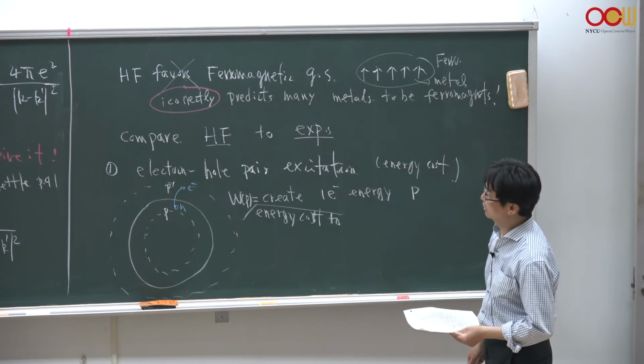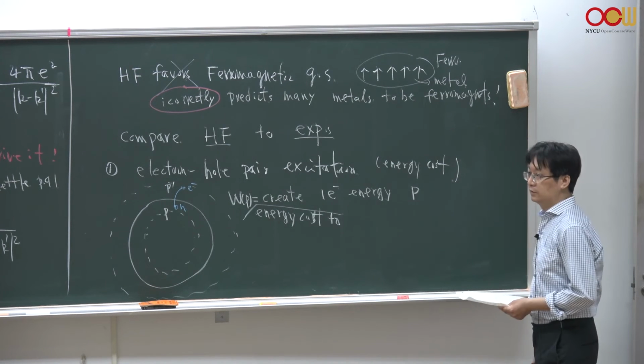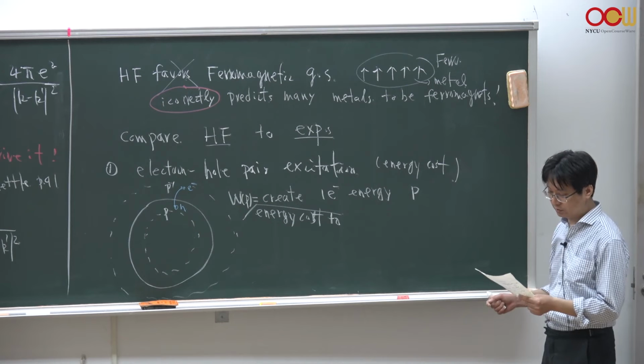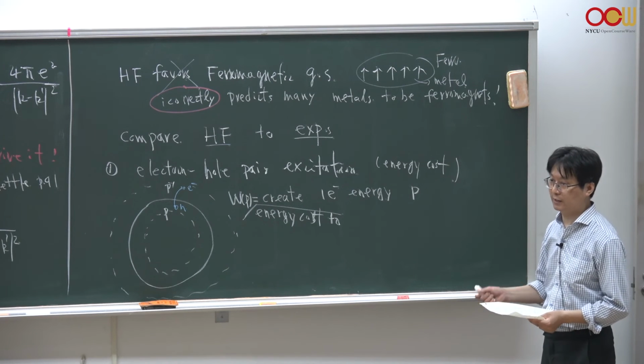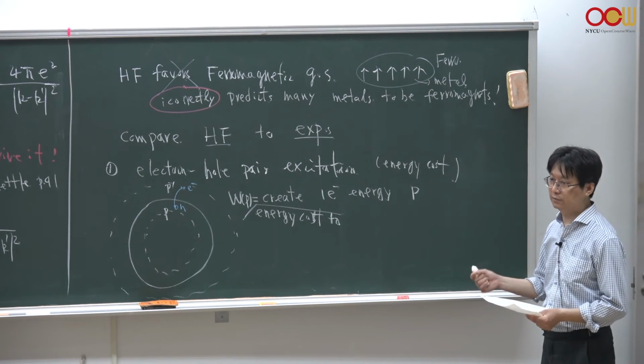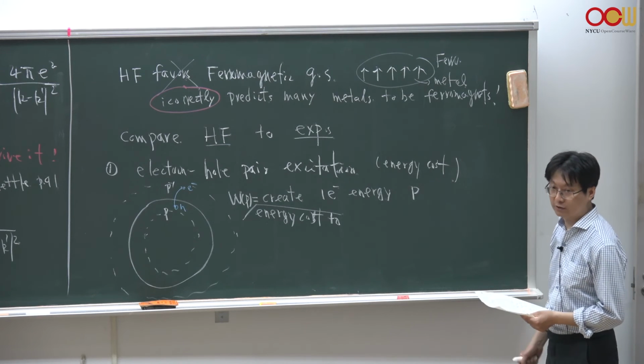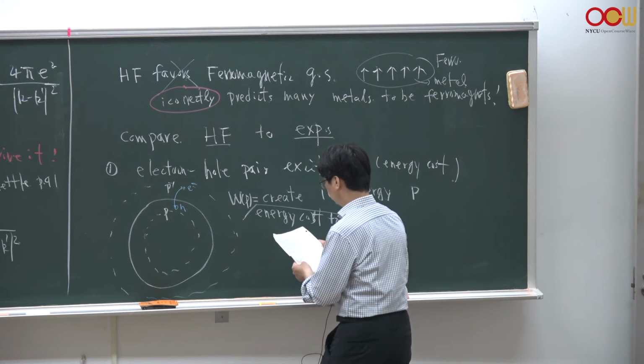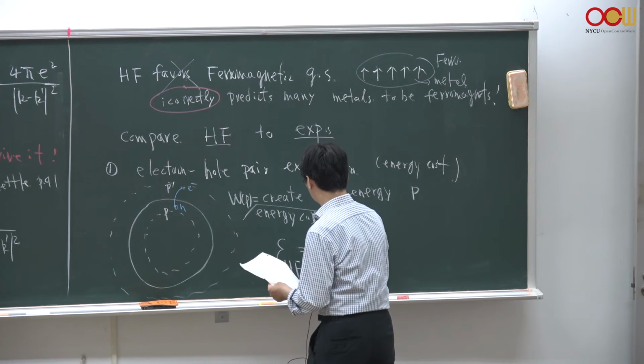And how do you calculate this? Well, remember, the total Hartree-Fock energy consists of the free electron kinetic energy plus the negative value of the exchange energy. Remember that, right?